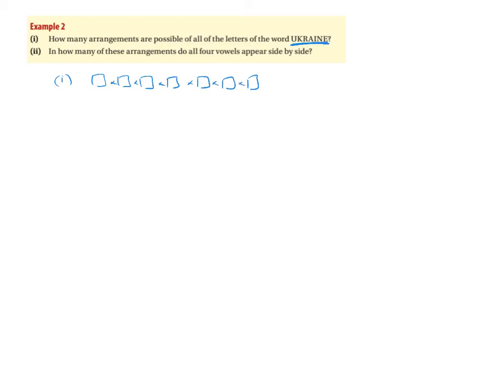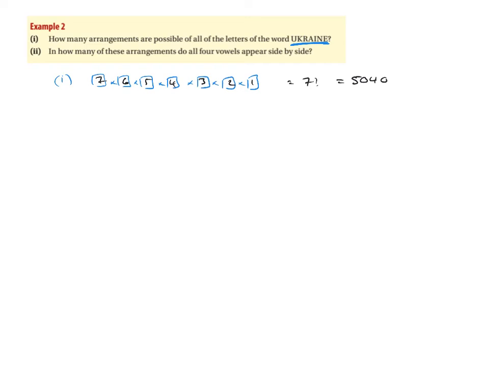So what we can do is say, well, 7, 6, 5, 4, 3, 2, 1, 7 factorial, like before, so that's just a really bog standard one. And if we stick it in your calculator, it's 5,040.